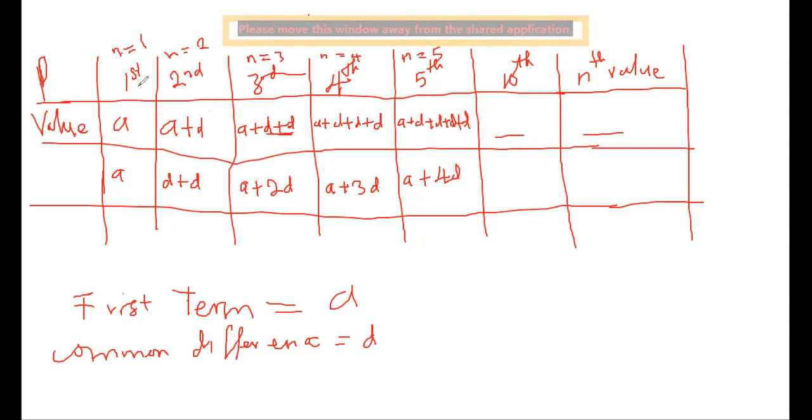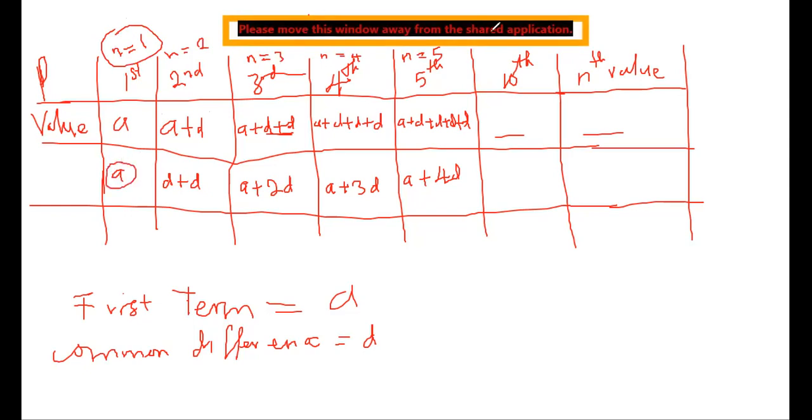What is the relationship between this n value and this column?